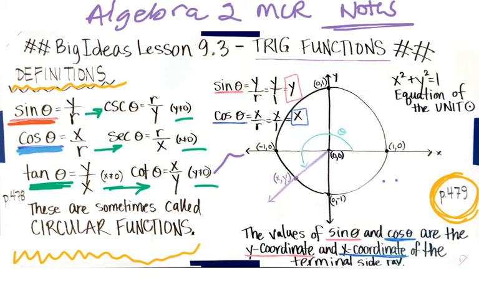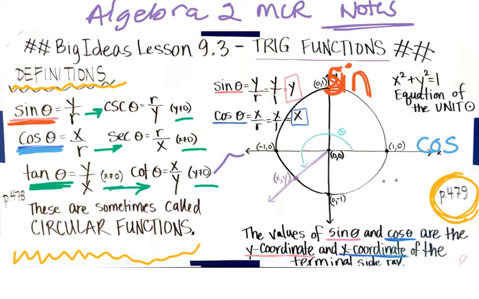So from now on, I want you to always associate cosine with the x-axis or the x value, and associate sine with the y value. Always sine y, cosine x, sine y, cosine x.